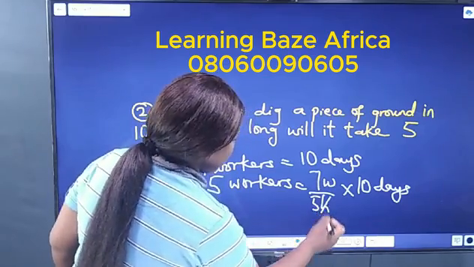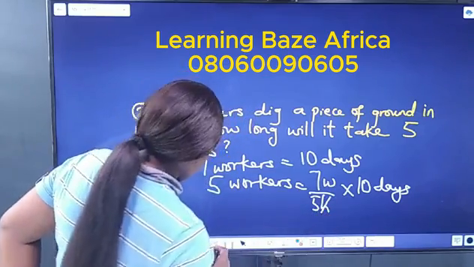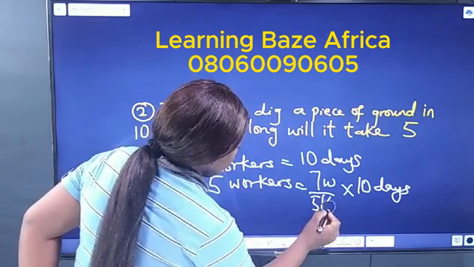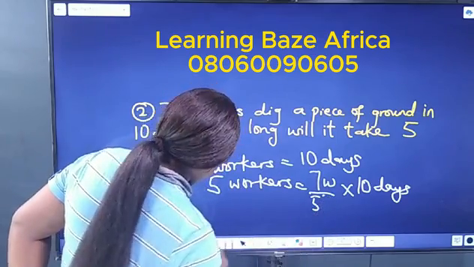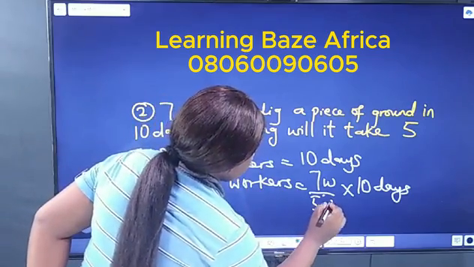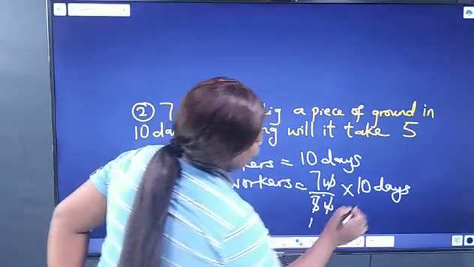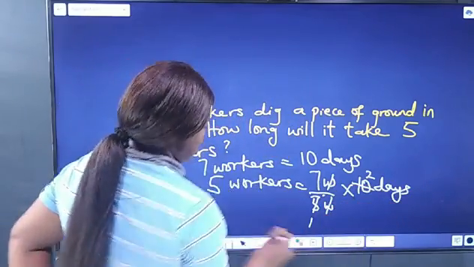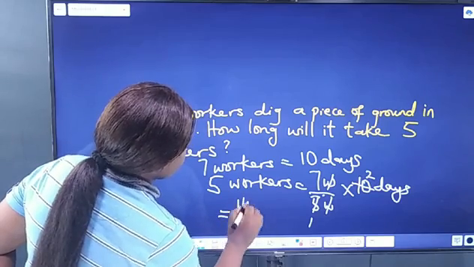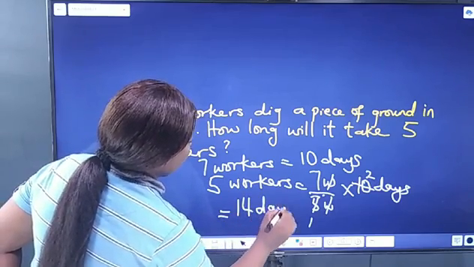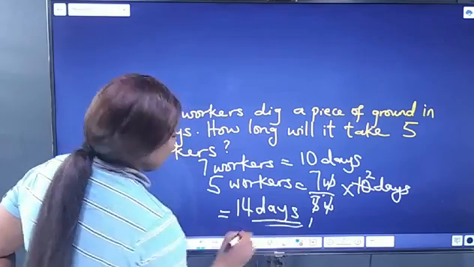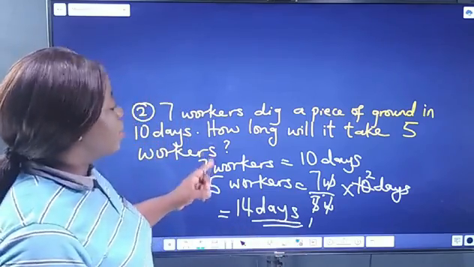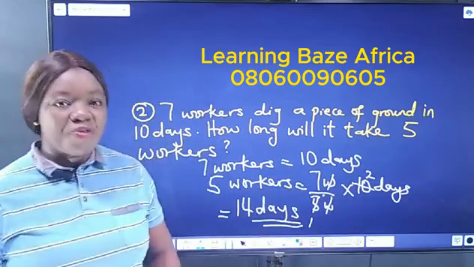So workers would cancel workers. Sorry, this should be workers, not hours. Okay, so workers will cancel workers. Then 5 into 5 is 1. 5 into 10 is 2. So 7 times 2 days will give you 14 days. So it means it will take 5 workers 14 days to dig the same piece of ground.